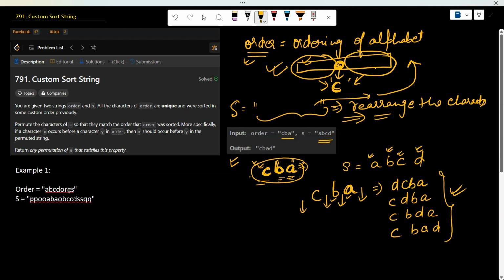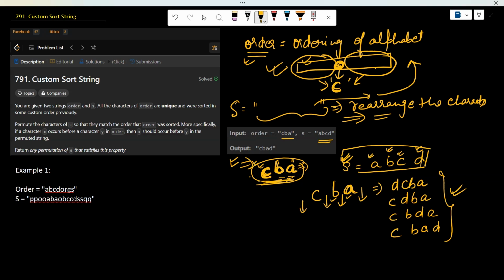So how can we approach this solution? If we want to follow the ordering in this manner, how about iterating the order string first and seeing whether we have C in the main string or not? If we have C in the main string, can we put all the C's first?